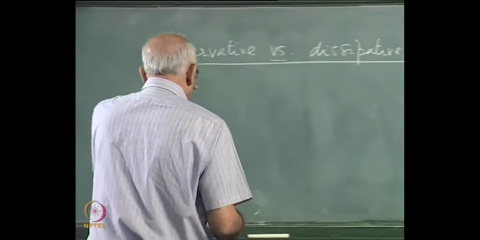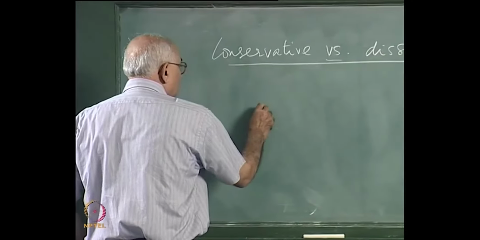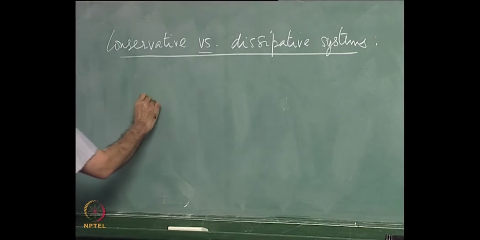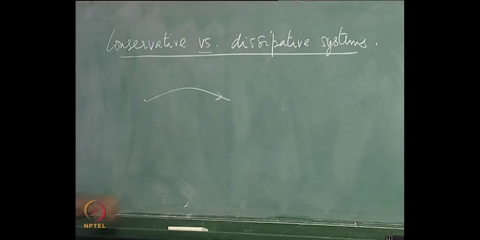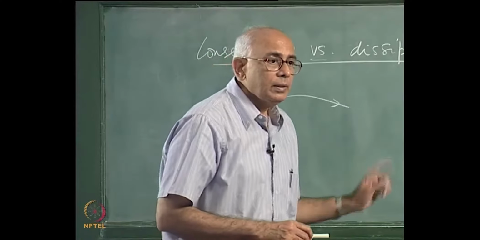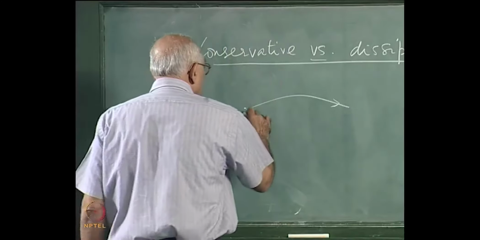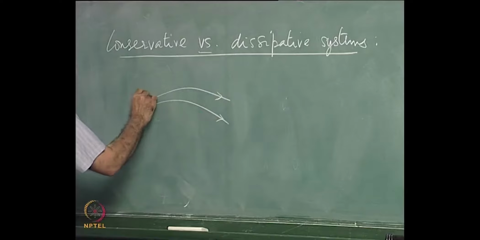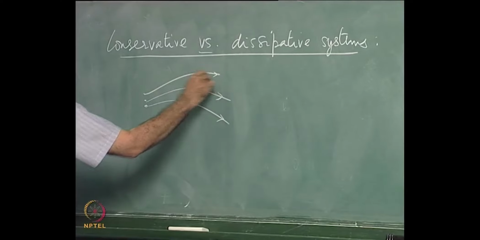If you start your dynamical system from some point here, and as time goes on it flows out in this fashion, and you start with a neighboring initial condition, in general this lies on a different trajectory, and perhaps it moves in this fashion, and similarly for an initial condition out here.